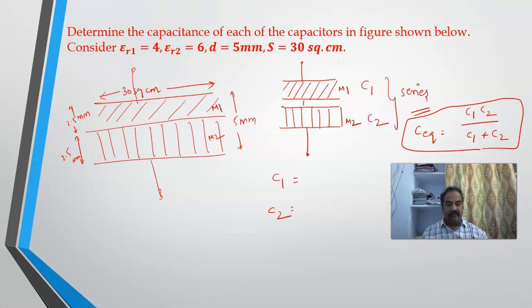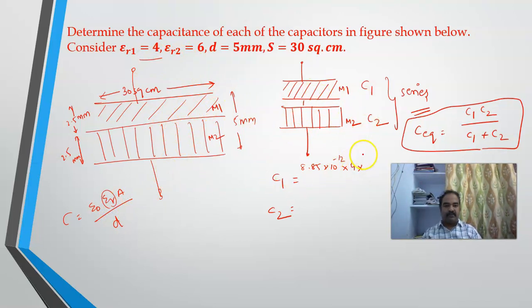In this one, if you carefully see, it is a parallel plate capacitor, isn't it? We know for a parallel plate capacitor, C is equal to epsilon naught epsilon R A by d. In this case, for C1, it is 8.85 into 10 to the power of minus 12 into epsilon R1, which for the first medium is 4.